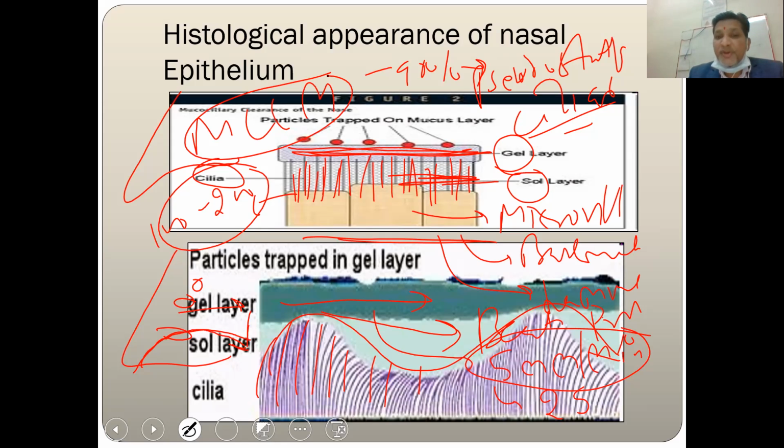So if the patient is having any kind of pathology like allergic rhinitis or chronic sinusitis, obviously the time taken for the distribution of the drug will be reduced. So mucociliary clearance mechanism affects nasal health directly.